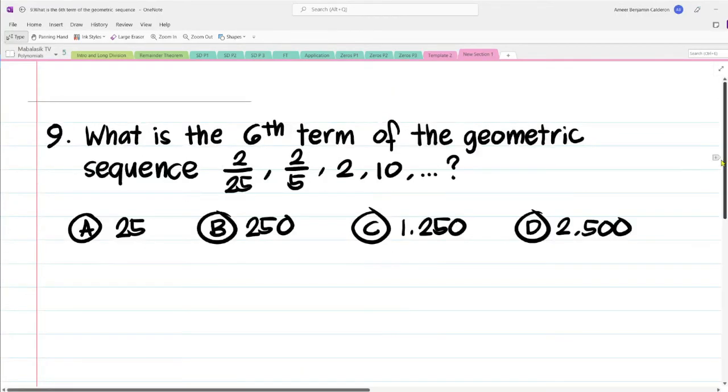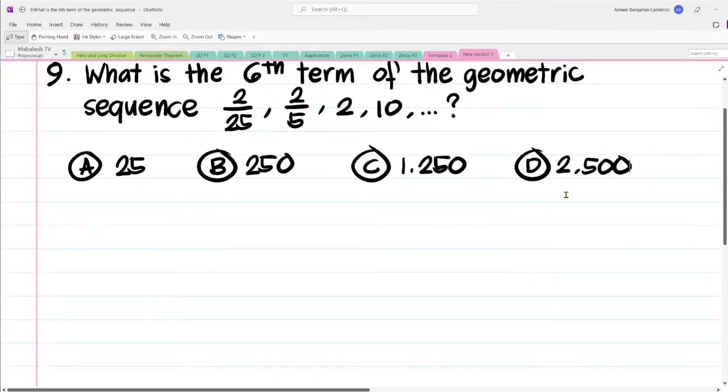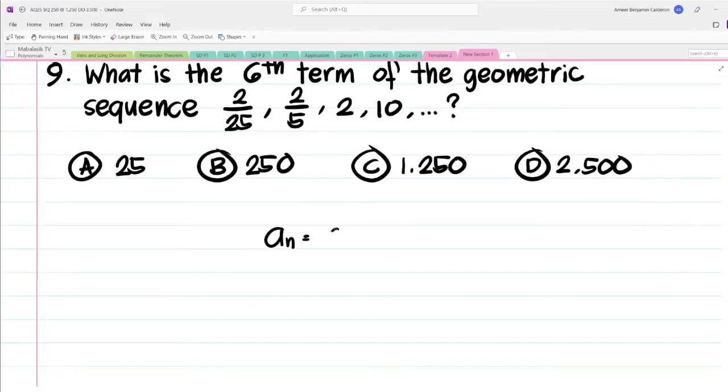Number 9. What is the 6th term of the geometric sequence 2 over 25, 2 over 5, 2, and 10? So we will just use the formula for finding the nth term of a geometric sequence. So a sub n equals a sub 1 times r raised to n minus 1.